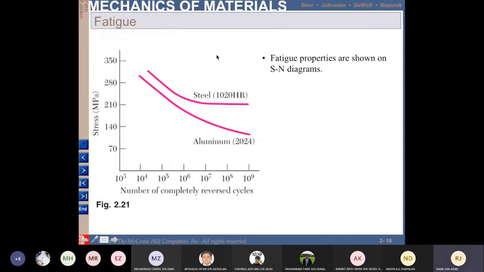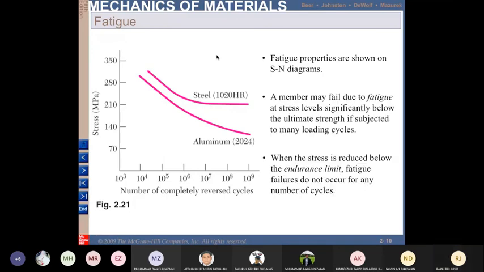This is the fatigue graph. This graph is to show you the elastic limit.